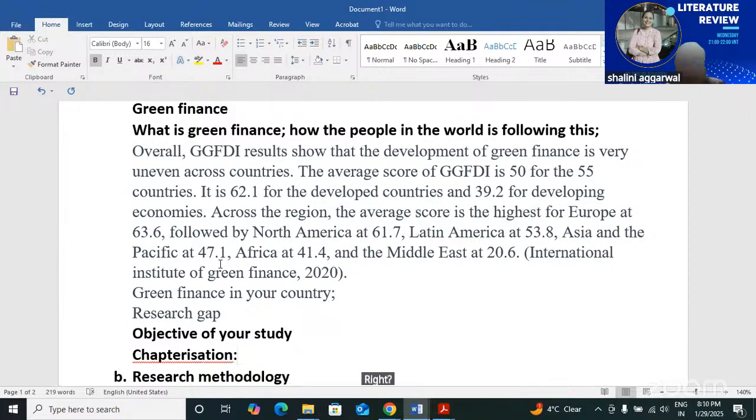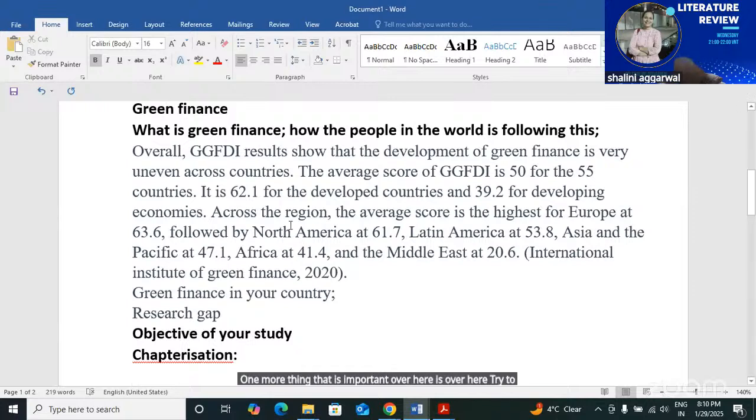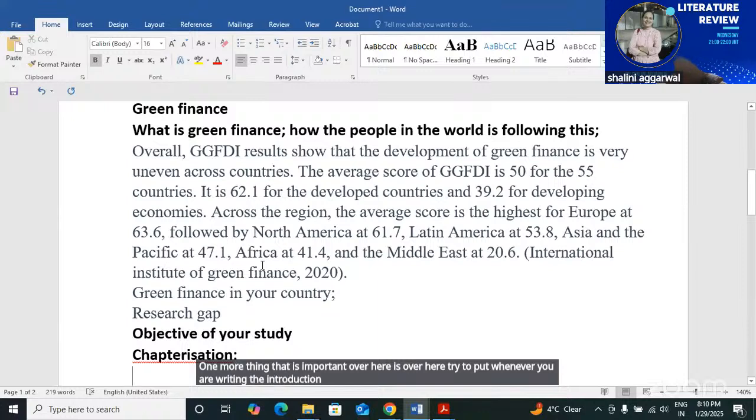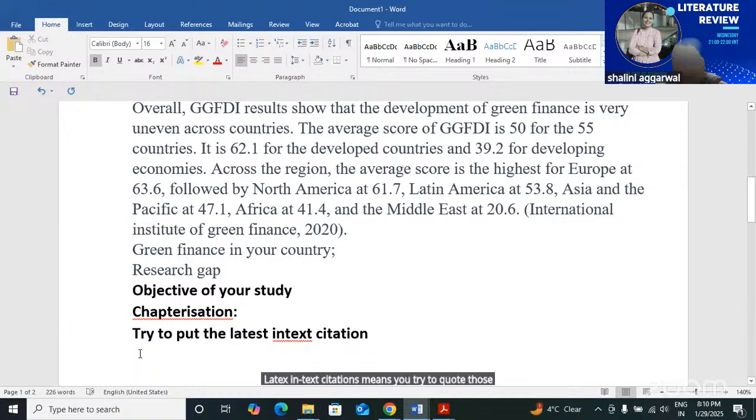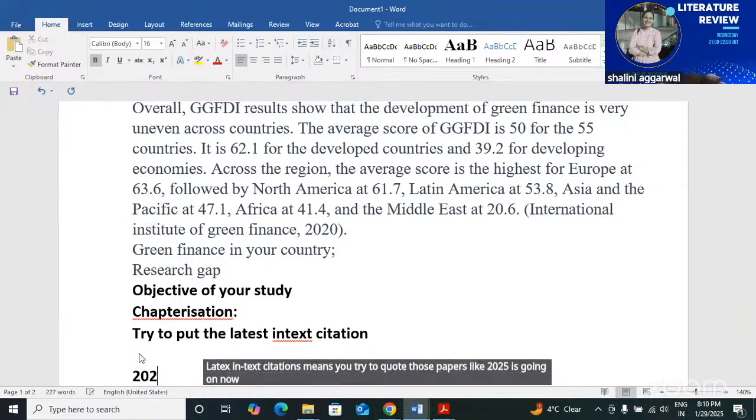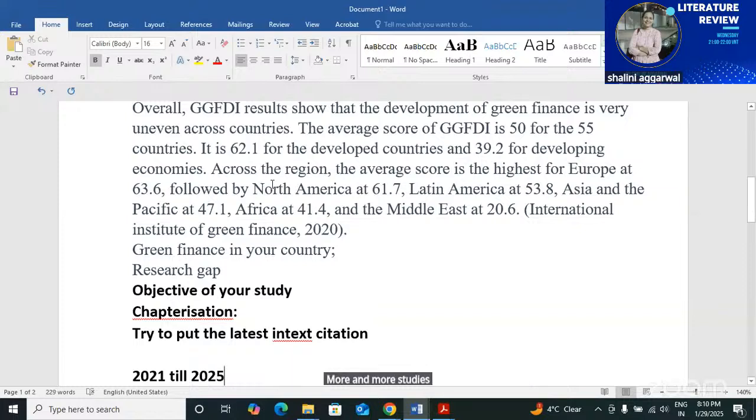One more thing that is important over here: whenever you are writing the introduction or any part, try to put the latest in-text citations. Latest in-text citations means you try to quote those papers. Like 2025 is going on now, so from 2021 till 2025, put more and more studies into your introduction part or anywhere throughout your paper.